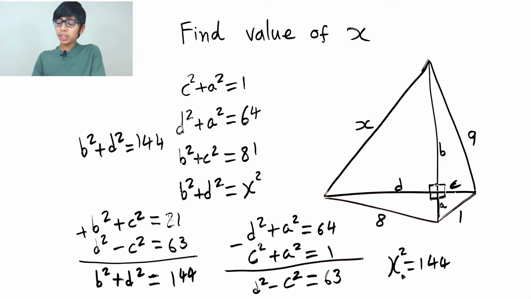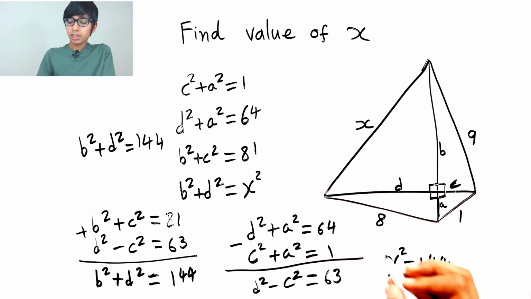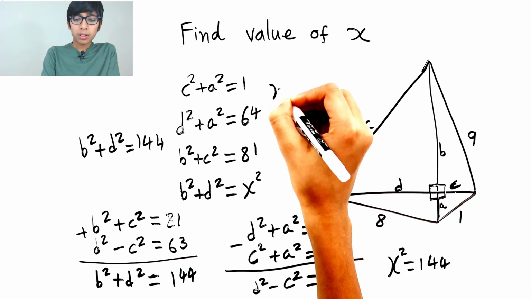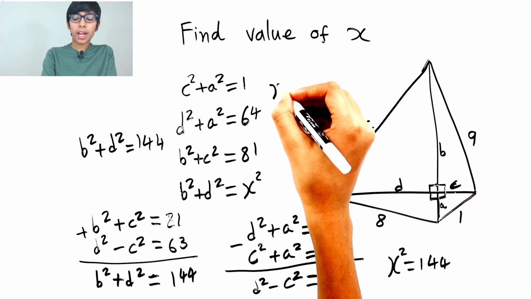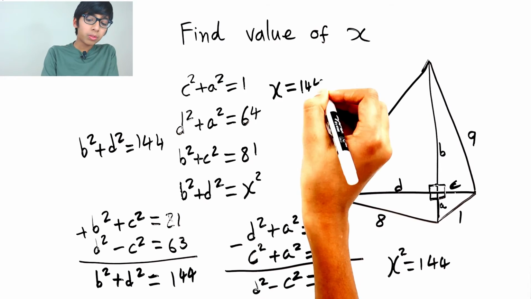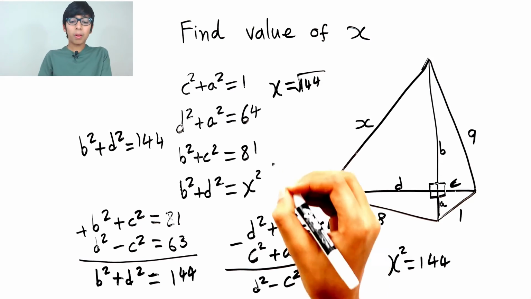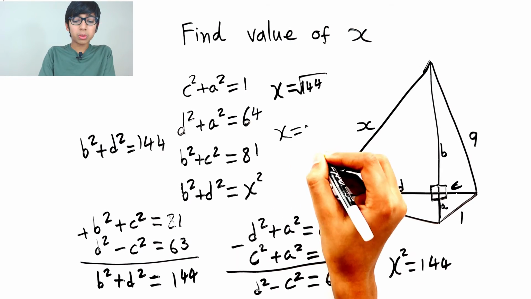Let's take the square root of both sides, because if we square root x squared, we get x. So x equals the square root of 144, which is 12. So x equals 12.